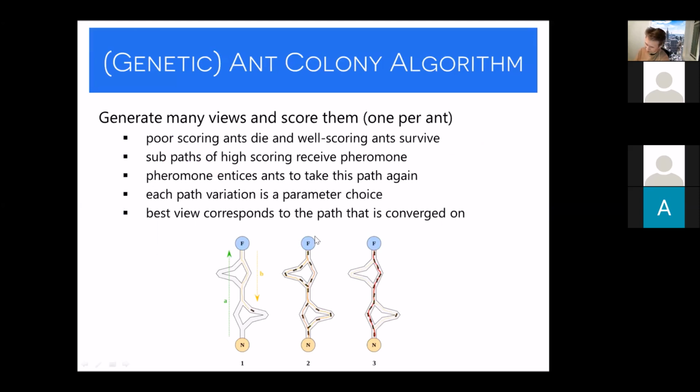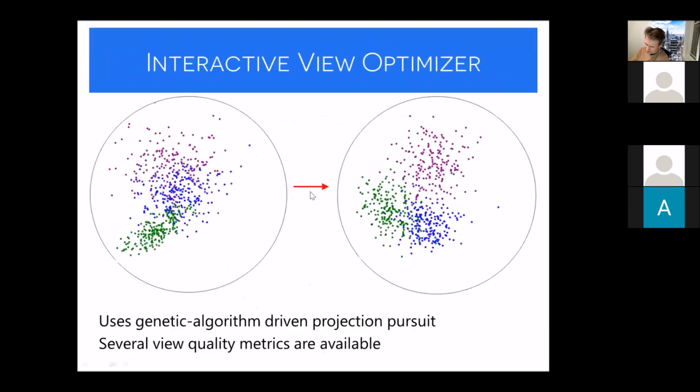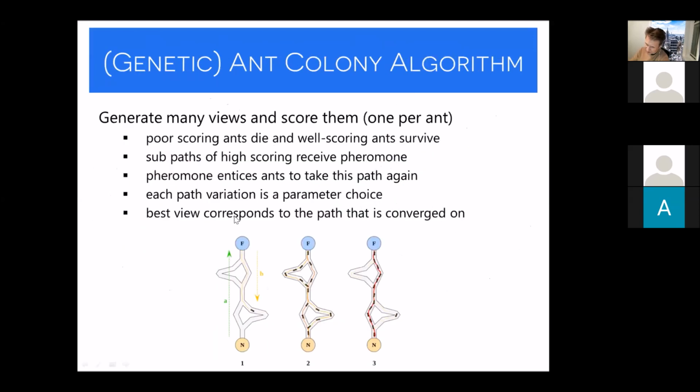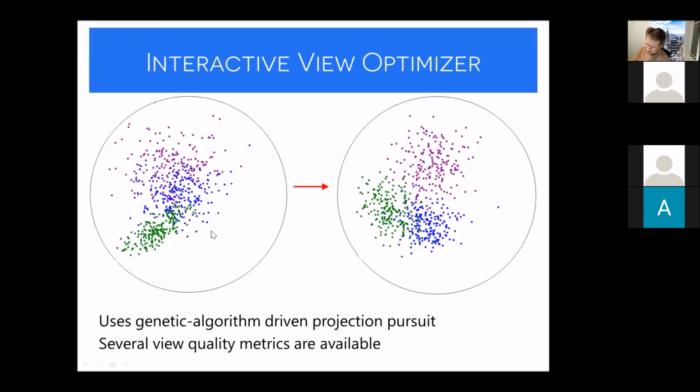I can say this ant here created a particular view like this, and I say, well, this is a terrible view, and then the other ant created this view, and I say, well, this is a great view. And what I'm going to do is punish all those directions the bad view ant took. For the x rotations that go a certain degree, I'm going to lower the attractivity for that degree.